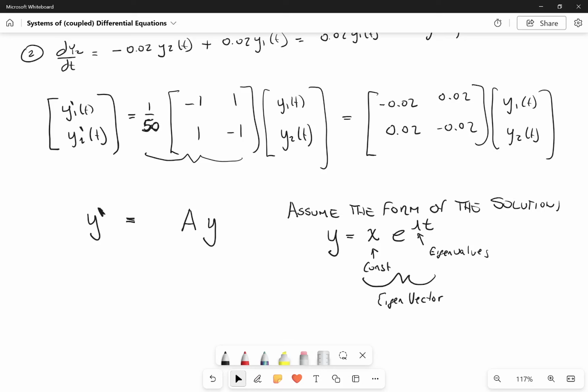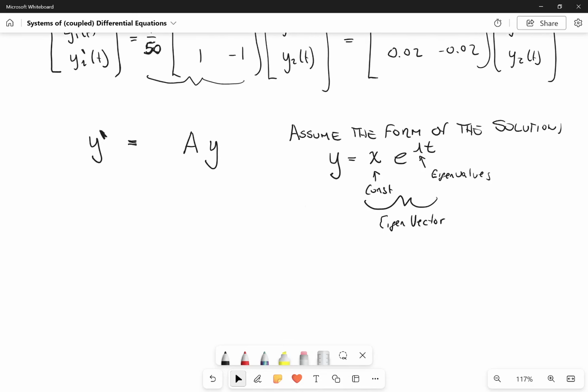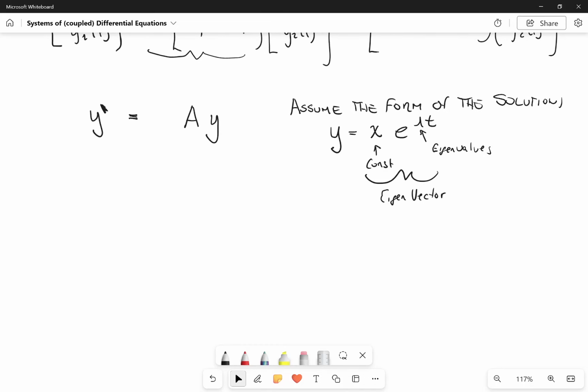This is why we studied eigenvalues and eigenvectors in the math course. So let's take this assumed form of the solution and plug it in. This is my equation, this is my assumed form of the solution, and I want to see what happens. So let's sub in y equals x e to the lambda t.